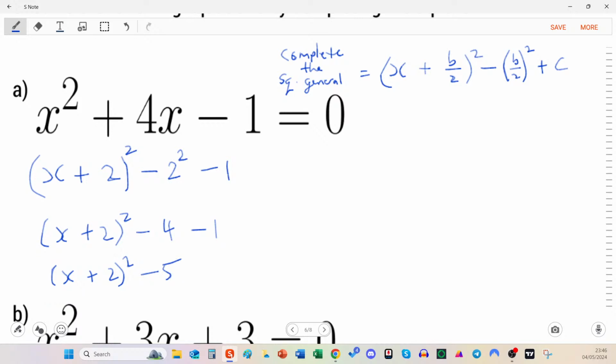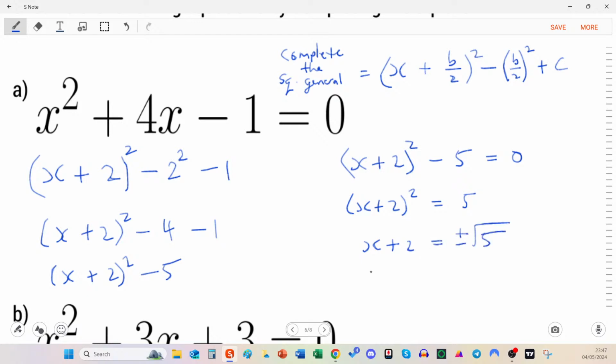Now, it says it's equal to 0, and I'm going to show you how we go on to use this. x plus 2 all squared minus 5 equals 0. If we were to rearrange the first question, this one, you couldn't do it. There's 2 x's, but now you can do it. We've completed the square. We're going to move that 5 over. We're going to square root both sides, but remembering that gives us a plus or minus. And then we're going to take away the 2.